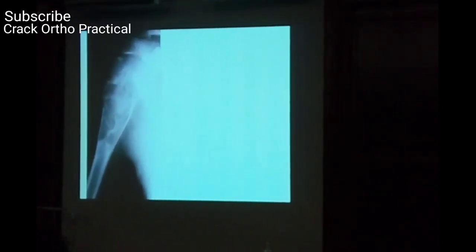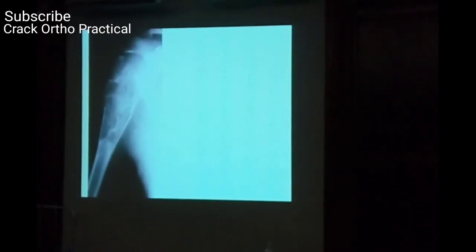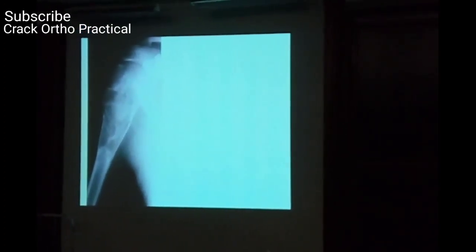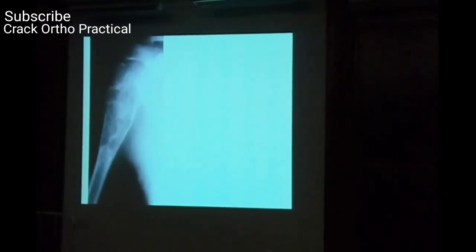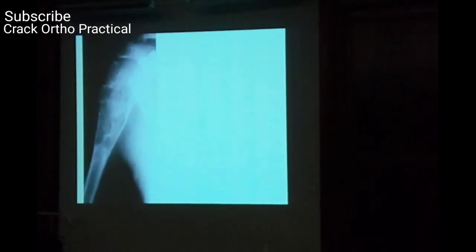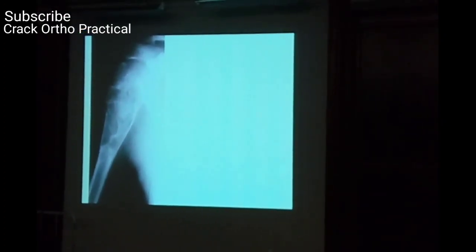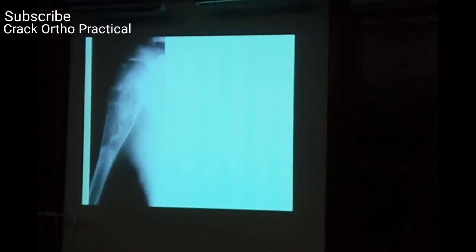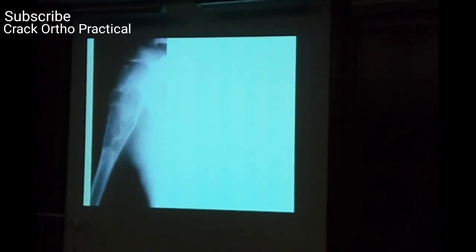It shows a lytic geographic lesion of the proximal metaphyseal region, central location, with septation and trabeculation, with a clear matrix and a doubtful cortical break on the lateral aspect. Most probably I'll go with the diagnosis of GCT, benign tumor.